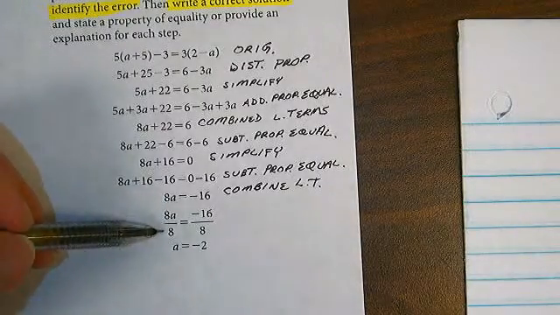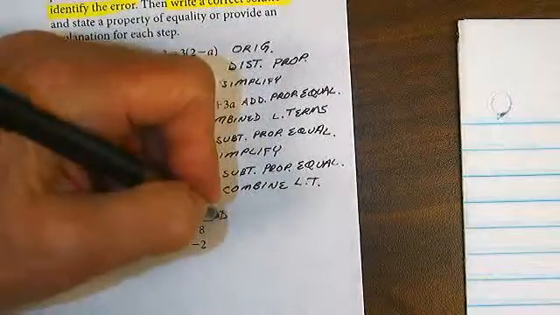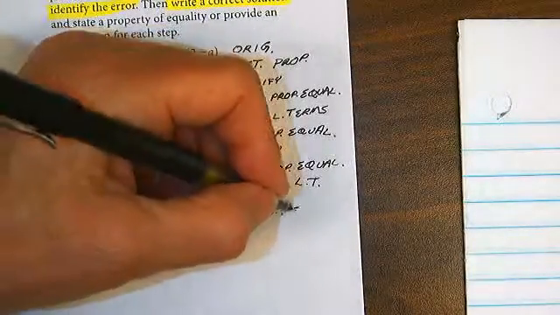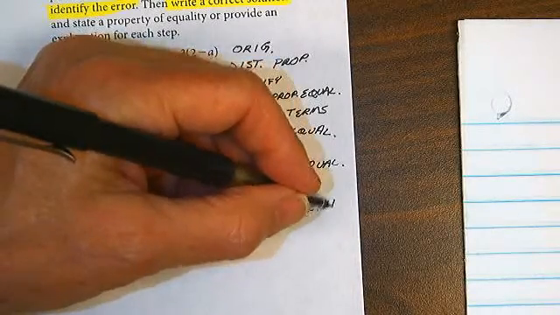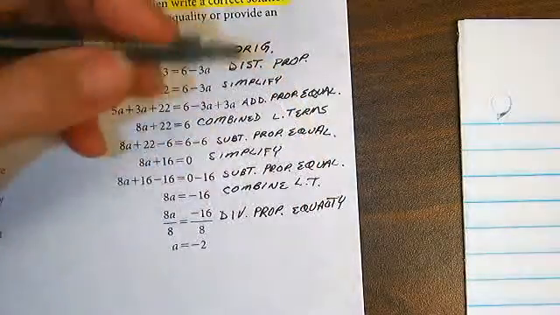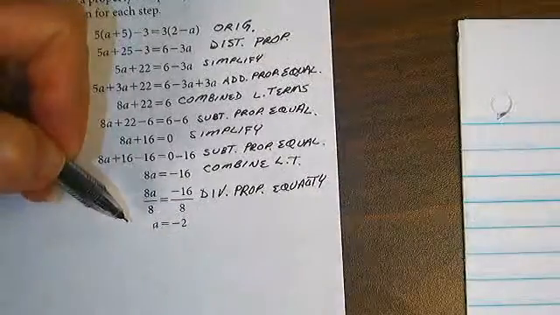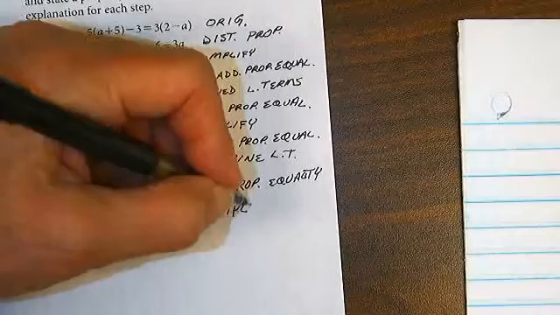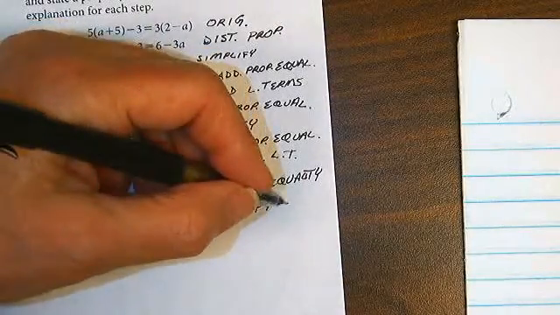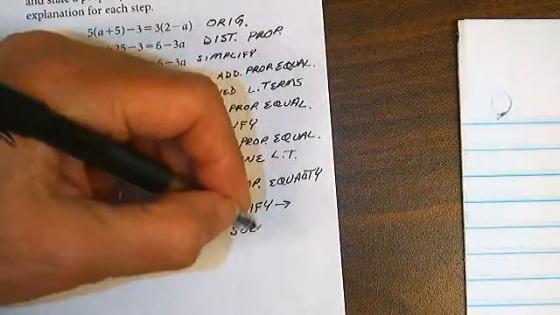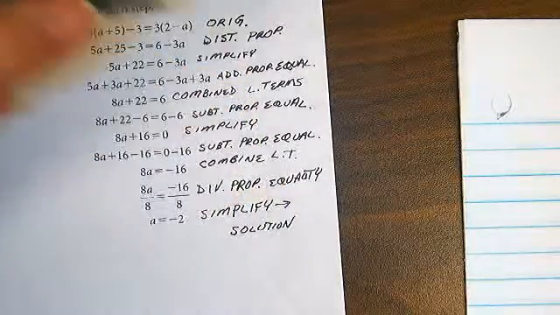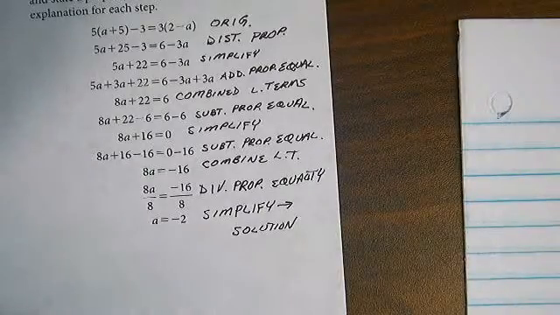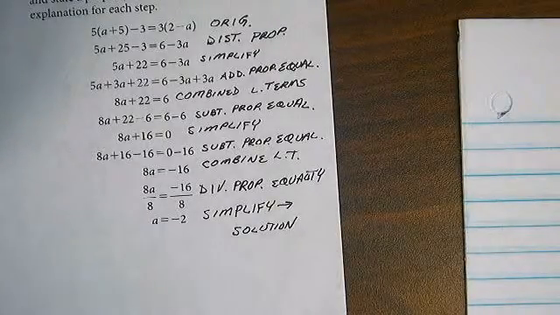Now we divide both sides by 8. That's the division property of equality. And finally, we simplify to get our answer. And they may have used a couple of extra steps, but everything is correct.